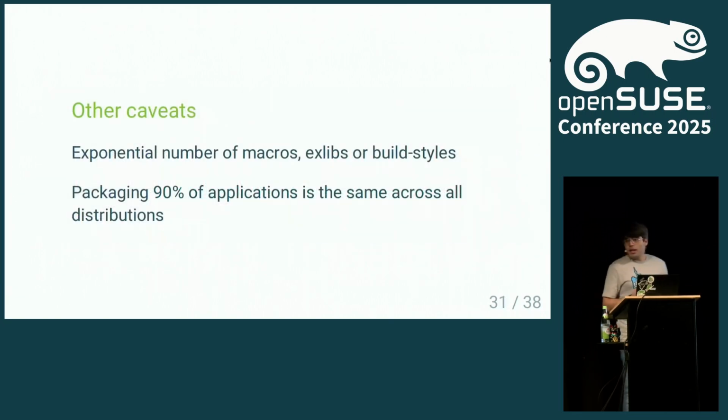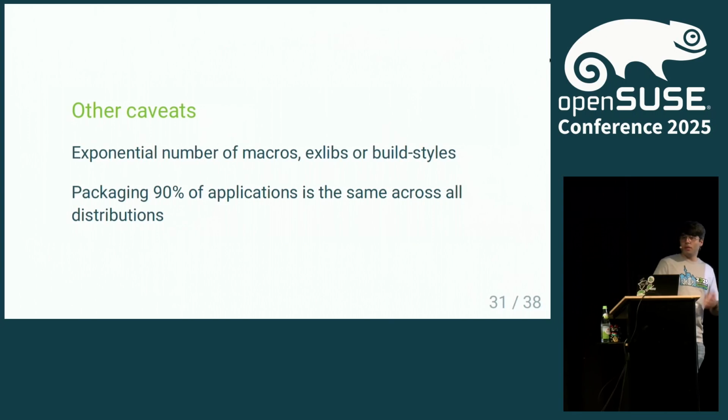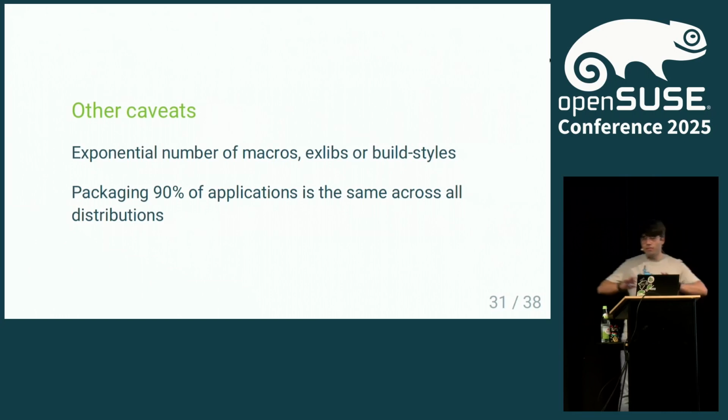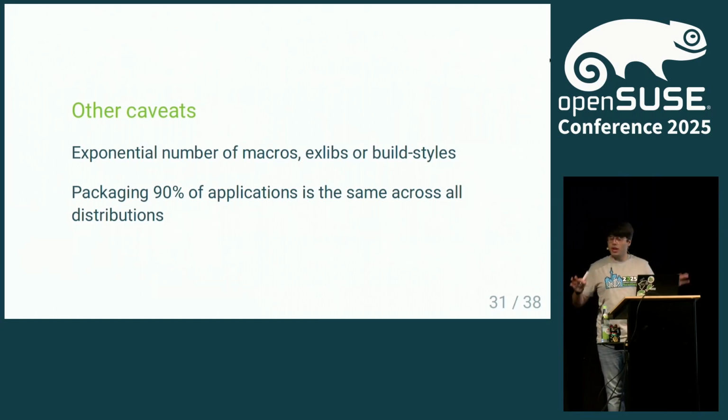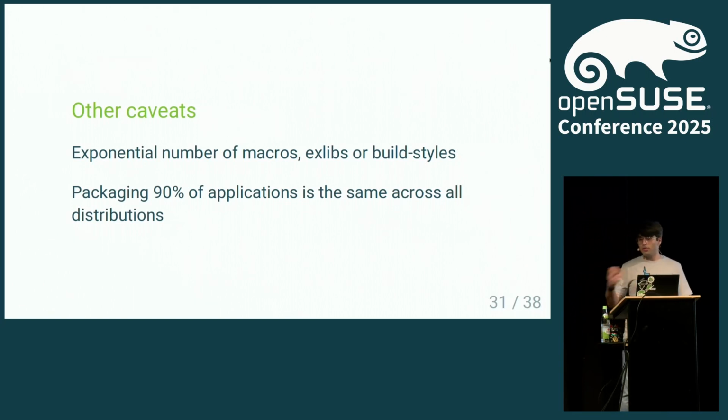So, other things that can happen. We talked about build styles, and build styles are very cool, but they can easily become a huge number of build styles, because we can have a build style for Python 3 modules, Python 3 binaries, PyProject. Then we can have cargo or Meson for Rust programs, Meson for C, Meson for Python.